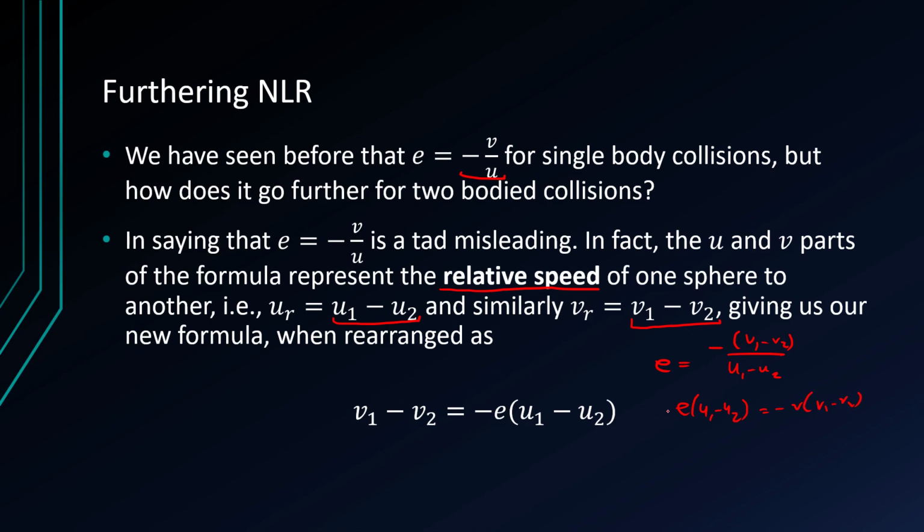If we flip the signs, we get this equation, which is actually the most common form of Newton's law of restitution. We're going to be using this along with the conservation of momentum. As you can see, we have a v1 minus v2 and a v1 plus v2. So we will be able to do simultaneous equations and find those respective velocities.